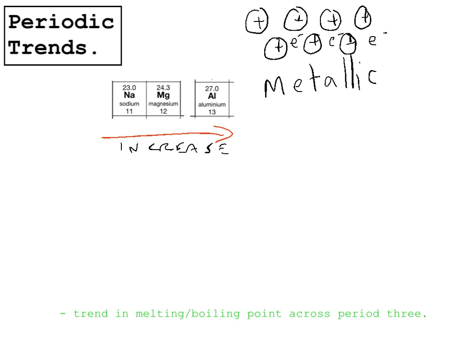So if either the charge on the metal ion is greater or the number of electrons that are holding it together are greater, then the metallic bonding will be stronger as well and therefore have a higher melting point. So as you go across from sodium to magnesium to aluminium, the nuclear charge increases. Sodium always makes 1 plus ions, magnesium makes 2 plus ions, and aluminium makes 3 plus ions. So you can see the nuclear charge is increasing, or the charge on the ions is increasing.